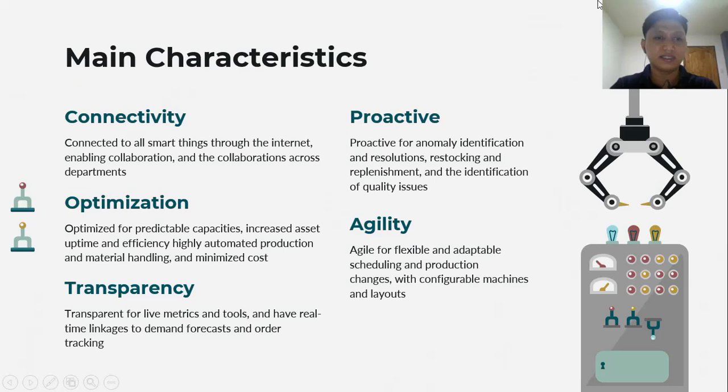Also transparency, third characteristic. Transparent for live metrics and tools and have real-time linkages to demand forecasts and order tracking.